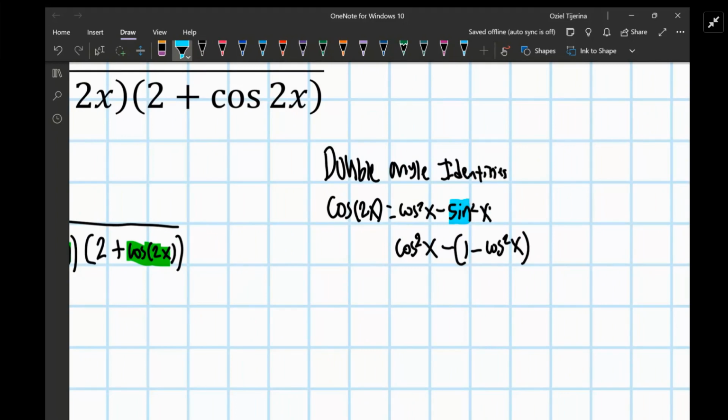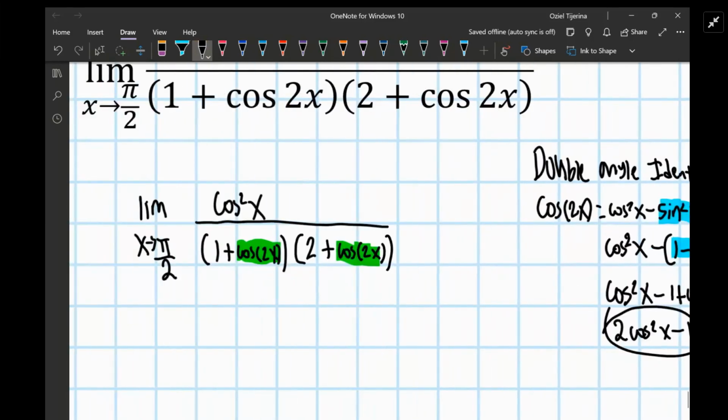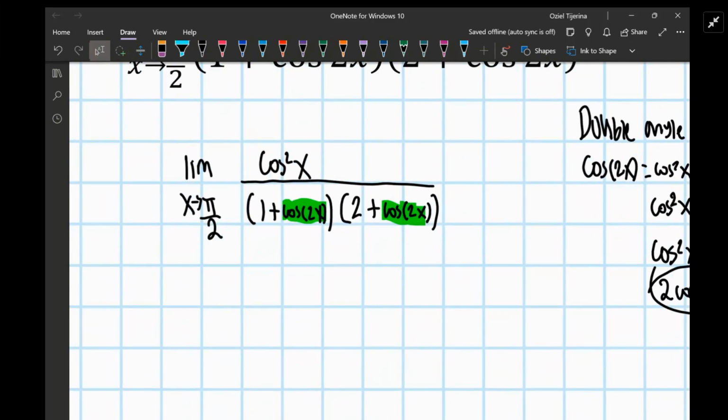And so we end up with cosine squared x minus 1 plus cosine squared x. This becomes 2 cosine squared x minus 1. So that is what I'm going to put for my cosine of 2x.